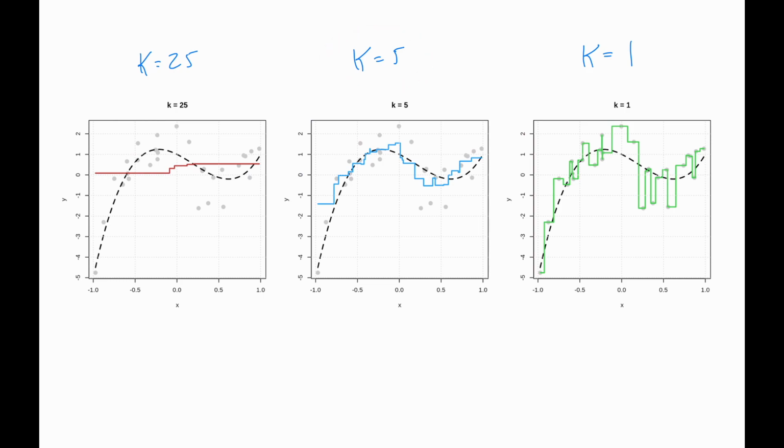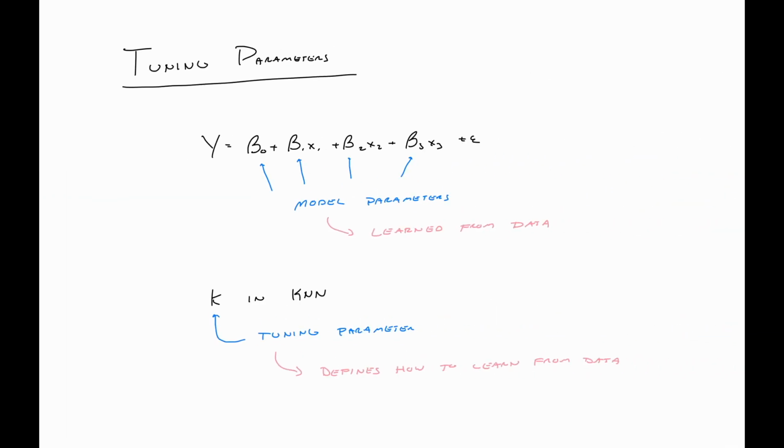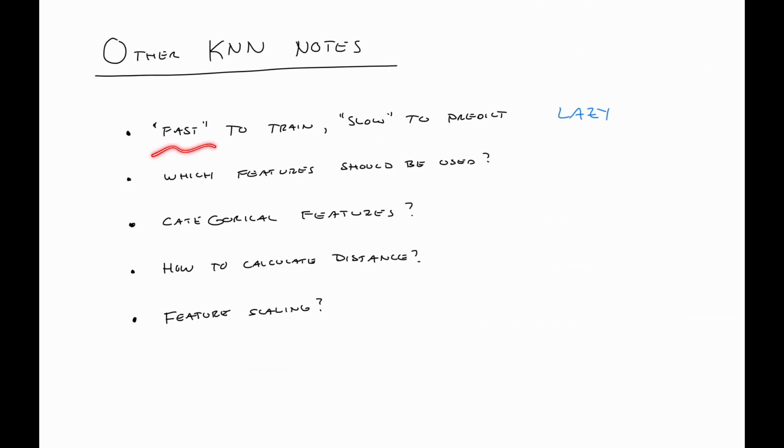So let's say we want to predict at this x value. Now we need to search through the data, find the 5 nearest neighbors, then average, then make a prediction. So that's why we say that it's fast to train, slow to predict. In other words, like I said, it's lazy. You say, I want to do k-nearest neighbors, and k-nearest neighbors comes back and says, hey, slow down there.